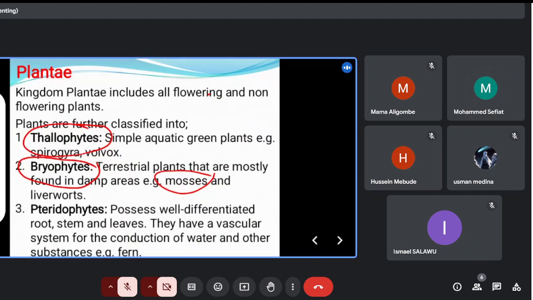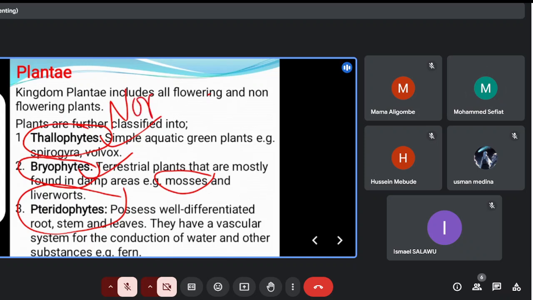Now let us look at the next division, which are the pteridophytes. Now I remember something again. Pardon me for remembering something that I meant to have remembered earlier. Part of the features of thallophytes and bryophytes is that we mentioned vascular bundles earlier.